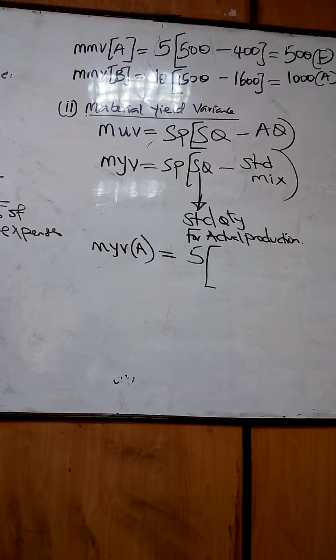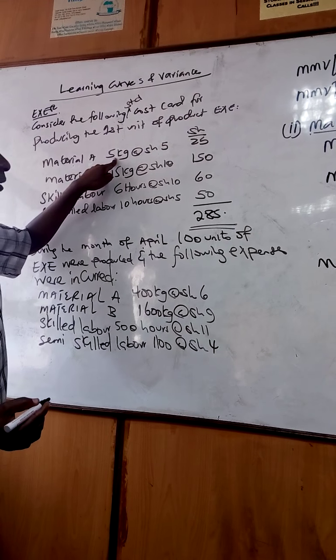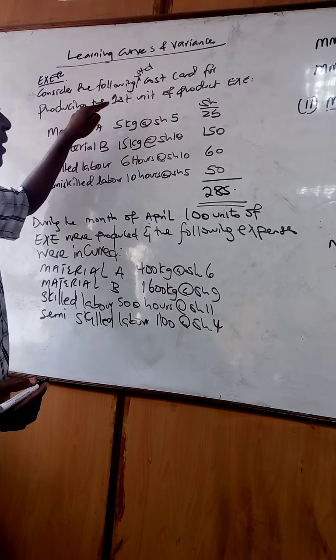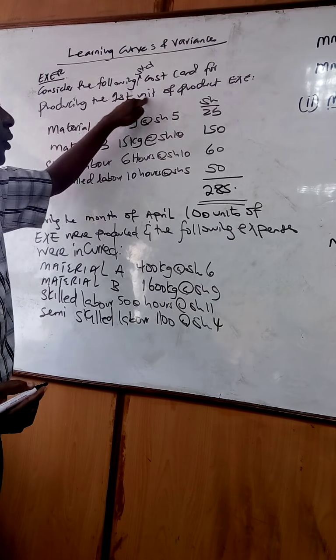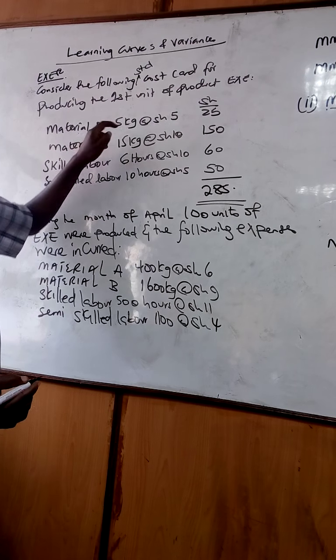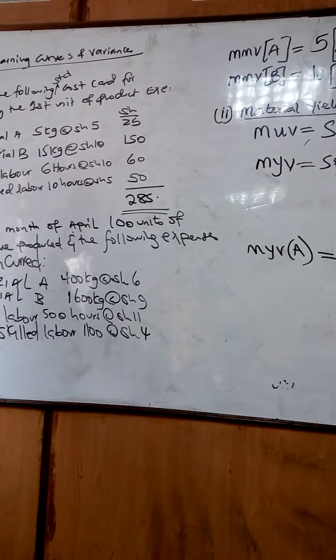Go back to the standard cost card. The standard quantity in this case is what here? 5 kilograms. But you realize that this is a standard quantity for only one unit, and yet we want it to reflect the actual production, actual output.